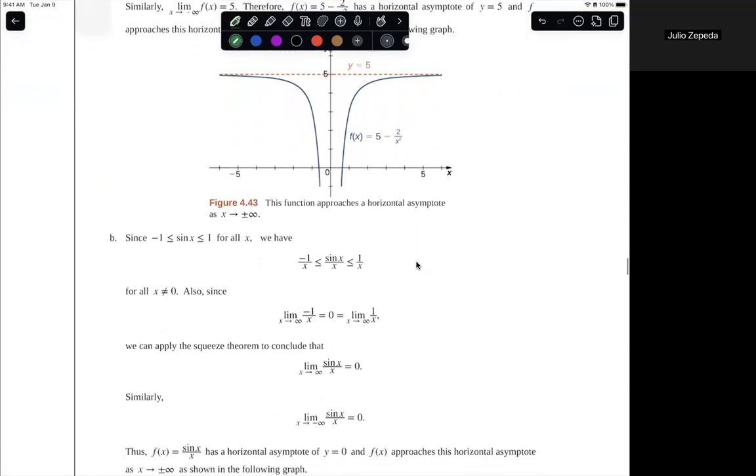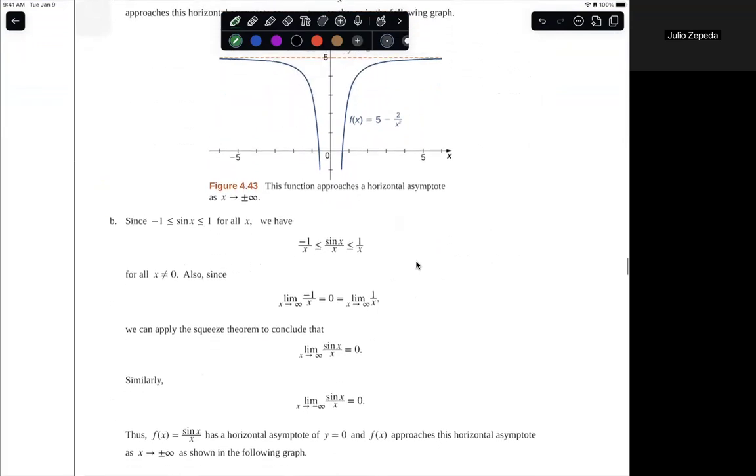All right, they're starting something similar for part B. They mentioned that sine of x is bounded between -1 and +1. So if we divide that inequality by x, that's a nice argument as well. They can use the squeeze theorem to say, well, let's just take the limit of all 3 of these functions.